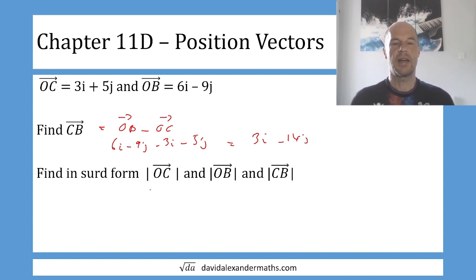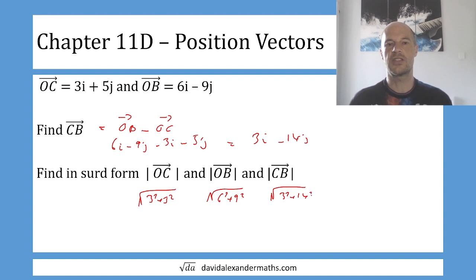Okay, so again, nothing new here. Finding the magnitude of OC, that's just the square root of 3 squared plus 5 squared. OB, that's the square root of 6 squared plus 9 squared, or minus 9 squared, which is of course the same as 9 squared. And CB, that's the square root of 3 squared plus 14 squared. So the square root of 3 squared plus 5 squared is root 34.